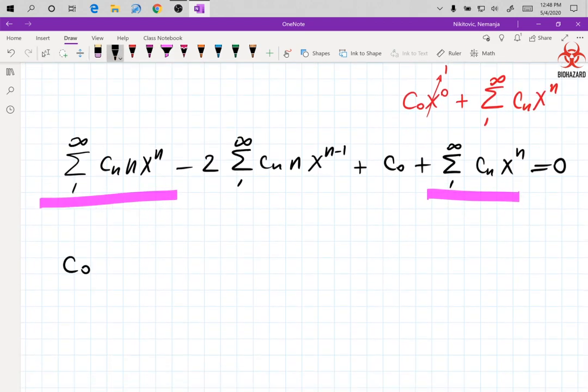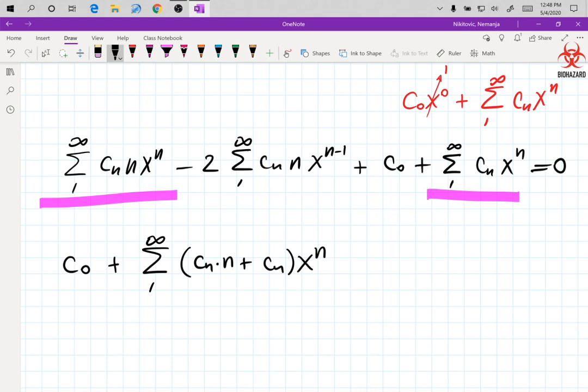I'll put the c0 term first, right? I have 4 separate terms in there, right? There's a minus, then a plus, and a plus, so 4 separate terms. I'll put c0 first. Then I'm going to combine these two into a single one. What I have here is Cn times n plus Cn and then x to the n.